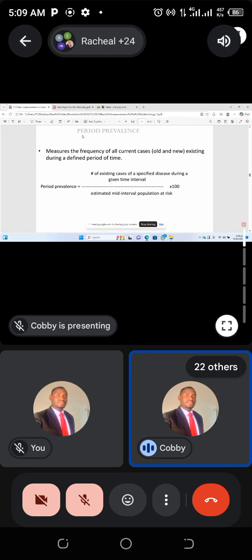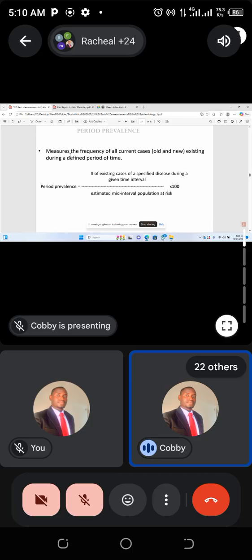Period prevalence is given with this formula. There should be a specified period of time, maybe from this month to this month. We're looking at the number of cases, maybe from June to October.